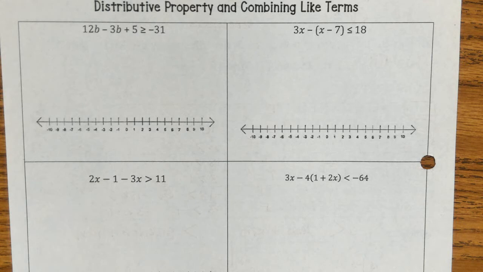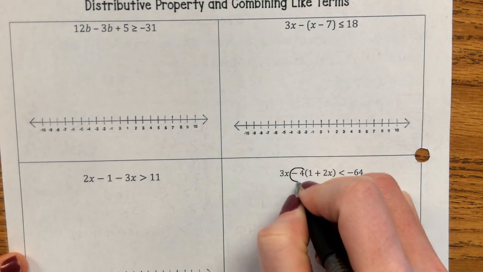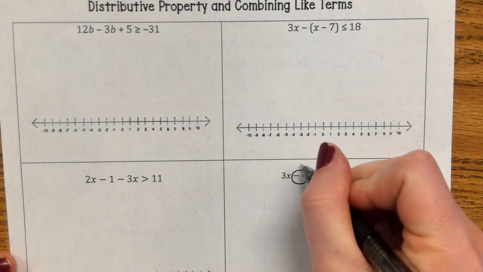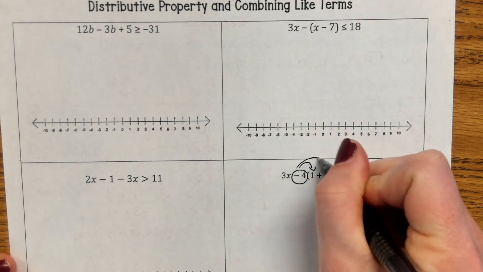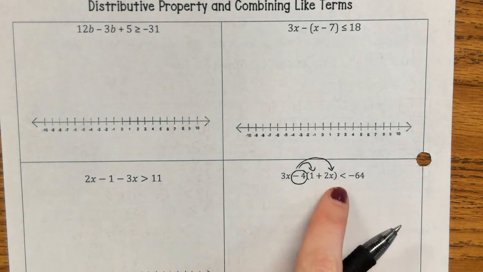First you do the distributive property. So, we'll do this bottom one. We have to take a negative 4, not just a 4, but a negative 4 and distribute it inside the parentheses. I am multiplying everything by negative 4, but it is not happening on both sides of the inequality, so we don't flip this sign yet.